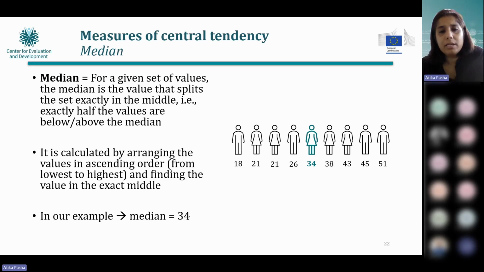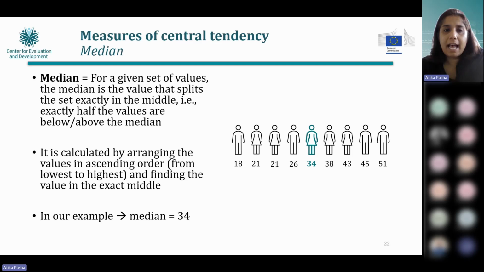Again, what this would mean is you sort all of your individuals by age, so 18, 21, 21, 26, and so on, all the way to 51, which is the oldest individual in your training program. And then we try to find that value at which we have a more or less even 50% split within the group.